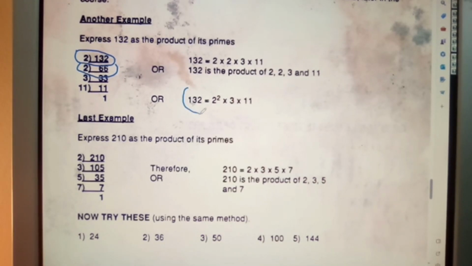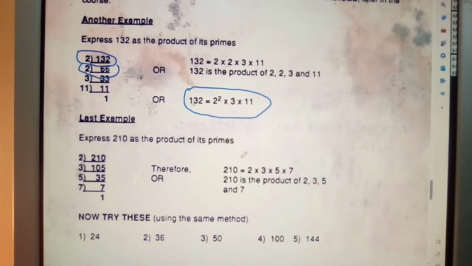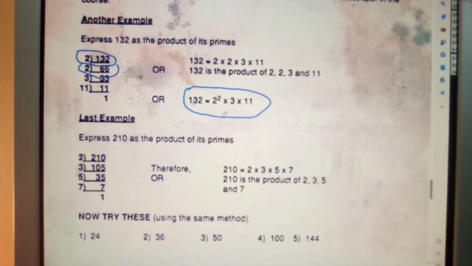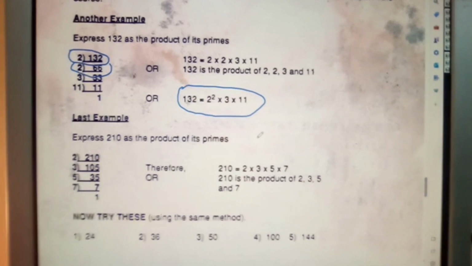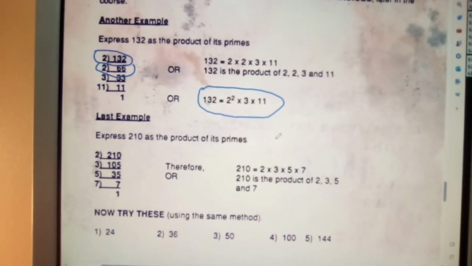So you can then say that this 2 squared times 3 times 11 would be your product of its prime factors.